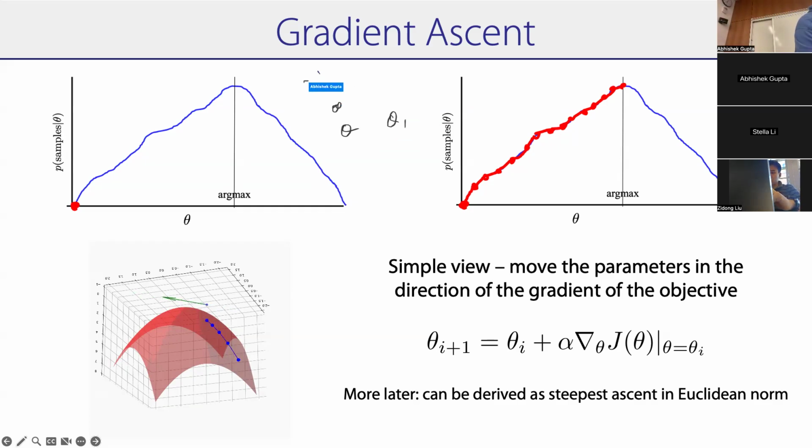And you're restricting your theta prime to be within a Euclidean ball of your theta, which means that theta minus theta prime is going to be within some epsilon, right? You can show that under that constraint, gradient descent is steepest descent, right? It's the direction that improves the objective the most. We'll derive that probably next class, but for now, just think of it the simplest way.